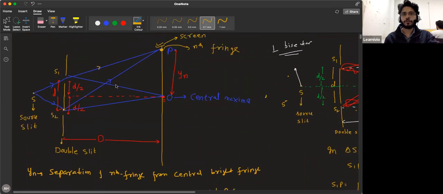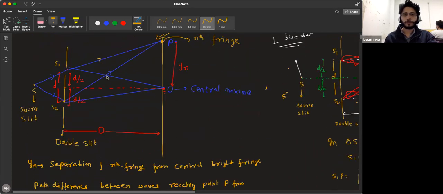So x is S2P minus S1P now. Now let's drop a perpendicular from S1 to this line.